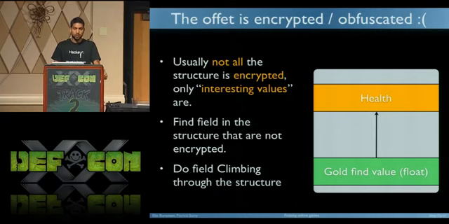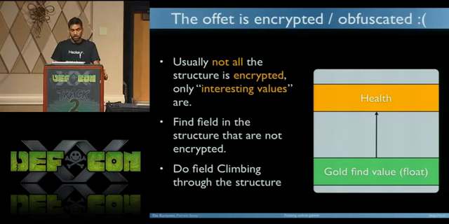What if the offset is encrypted or obfuscated? Usually, not all the structure is encrypted. It's only the interesting values. So you need to find a field in the structure, for example, the player structure, that is not encrypted.